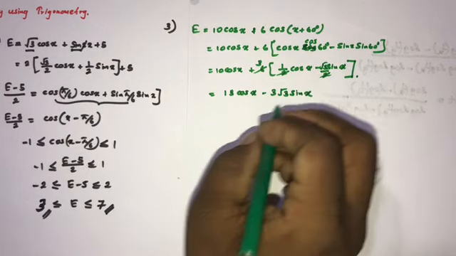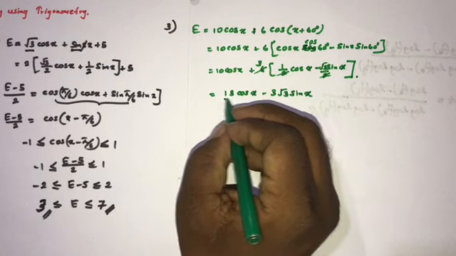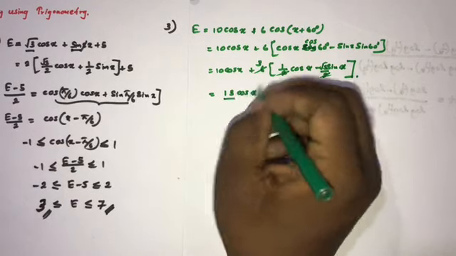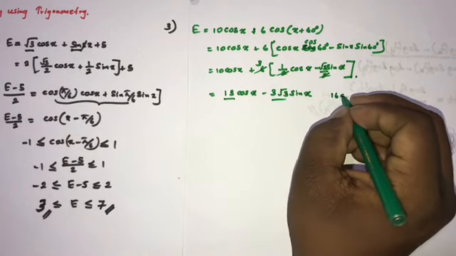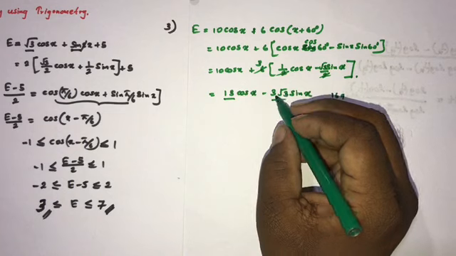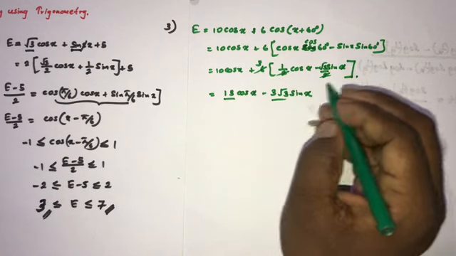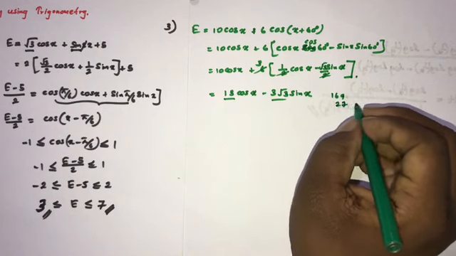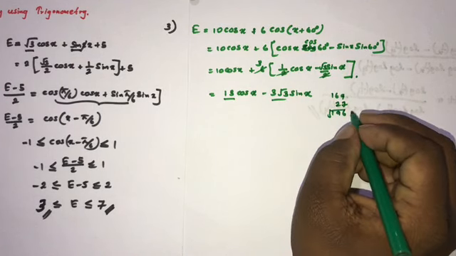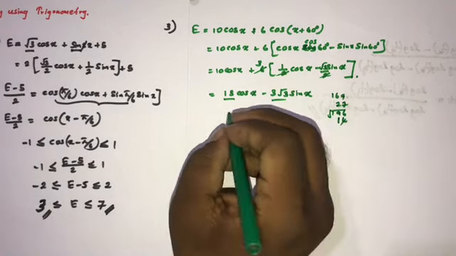Well, then we should take the coefficient of cosine of x and sine of x. So if we square, we know 169, here 3 squared is 9, 9 times 3 is 27, so we know 196, and the square root of 196 is 14.